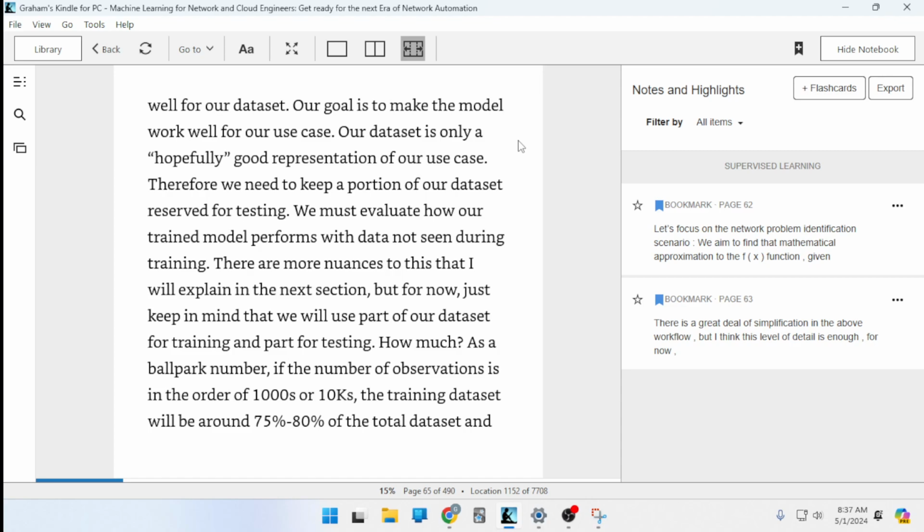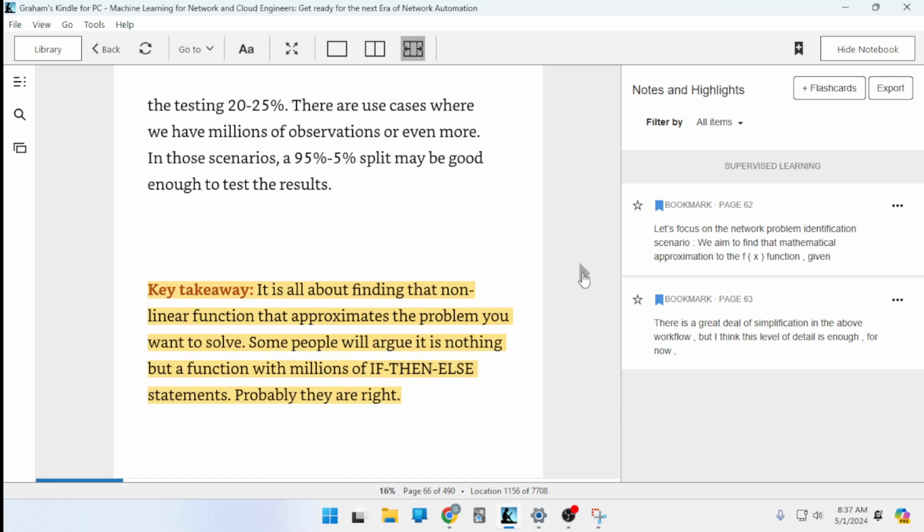How much? As a ballpark number, if the number of observations is in the order of thousands or tens of thousands, the training set will be around 75% to 80% of the total data set, and the testing 20 to 25%. So like an 80-20 division there.